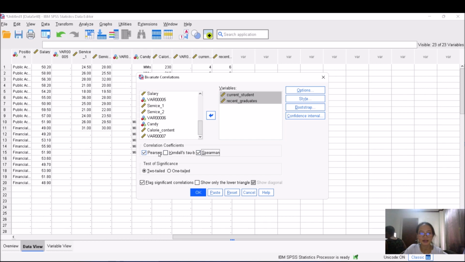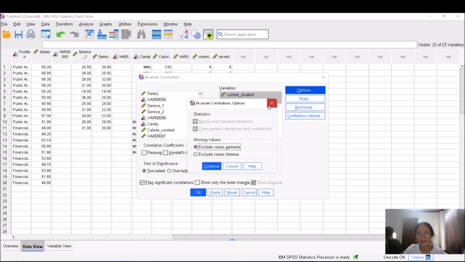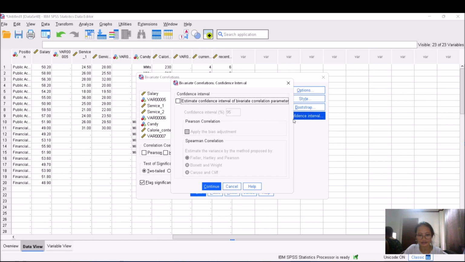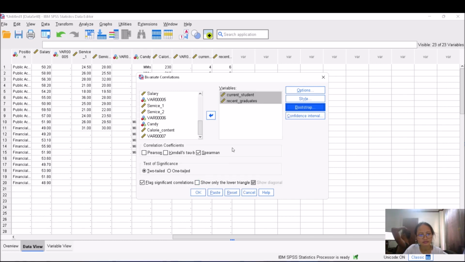And this is Spearman's rho. Then we're going to change the confidence interval. Point 90. Continue. Then click OK.